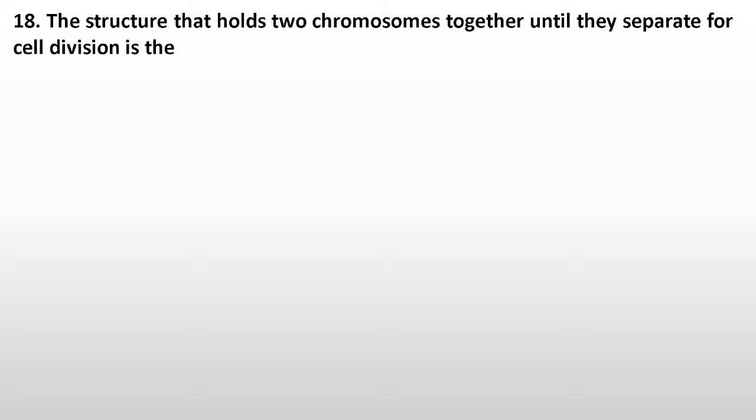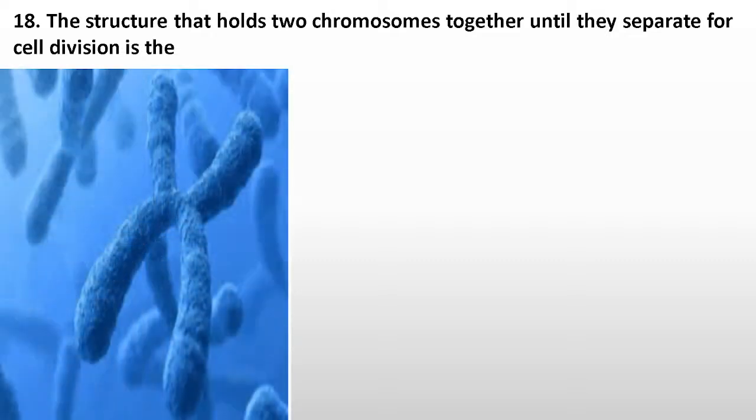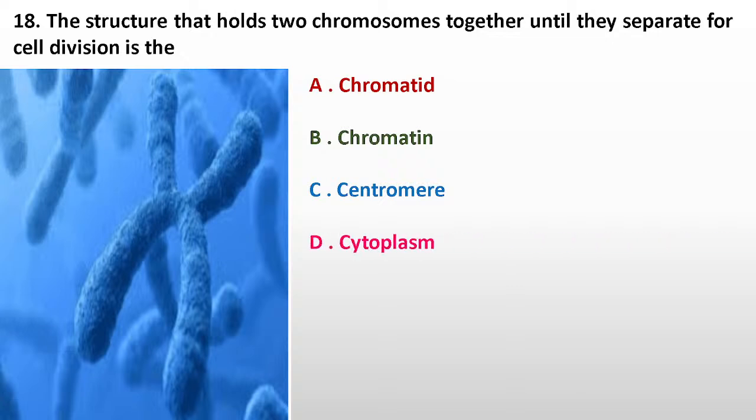Coming ahead to question number 18, the structure that holds two chromosomes together until they separate for cell division is the dash. This is the image given for your reference and your options are A. Chromatid, B. Chromatin, C. Centromere, D. Cytoplasm.